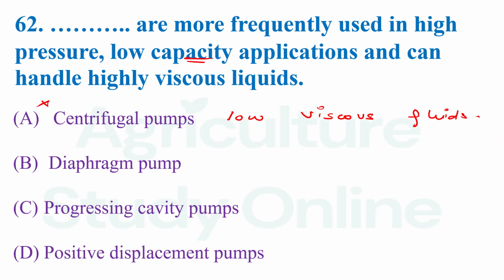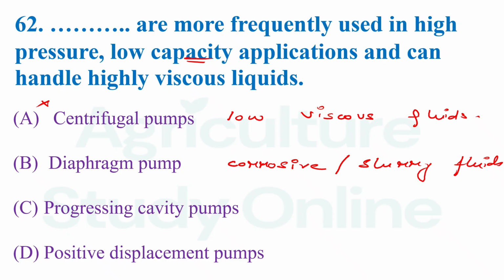Next, diaphragm pumps. Diaphragm pumps, it is used for corrosive or slurry fluids. And it works at moderate pressure. And it is not mainly preferred for very high viscous industrial flow.